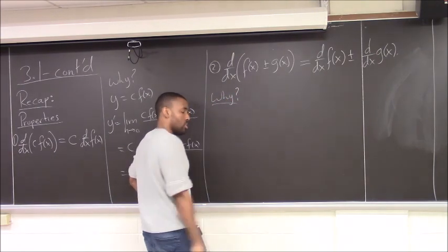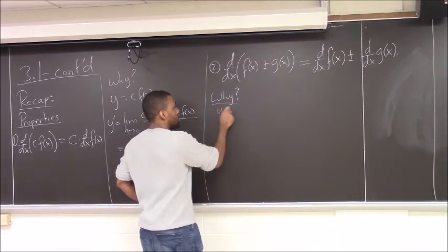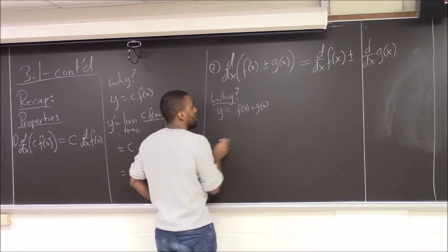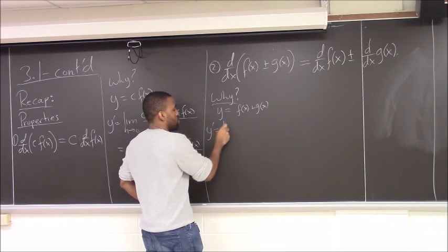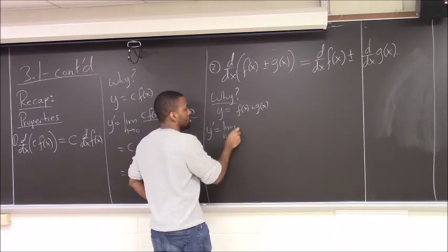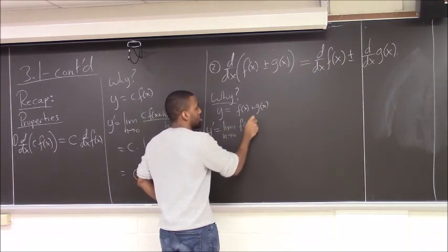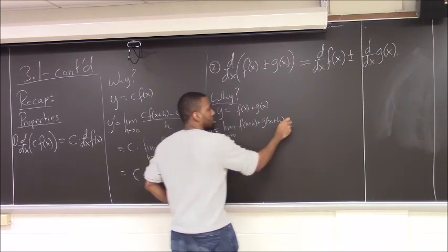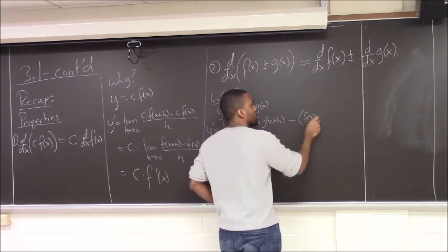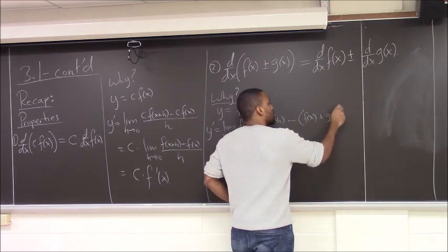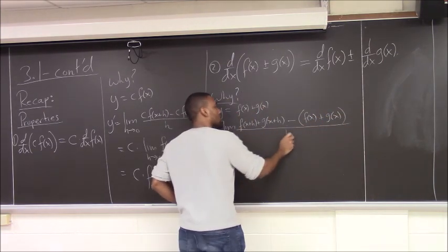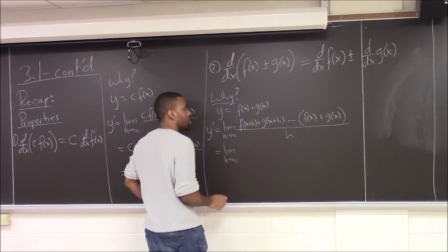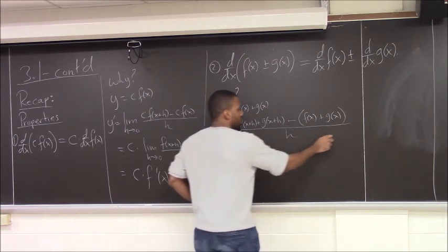How we know we can do that is, again, it falls in line with the limit definition. If I define a function to be the sum of two things, then my y prime would be the limit as h approaches 0. I'll plug in x plus h in the function, then minus the function, all over h. And of course, I could rearrange this.